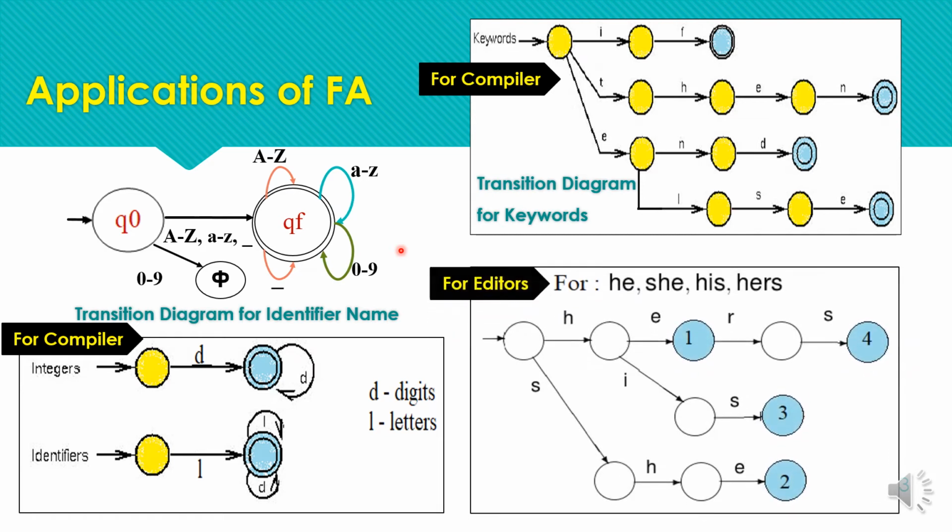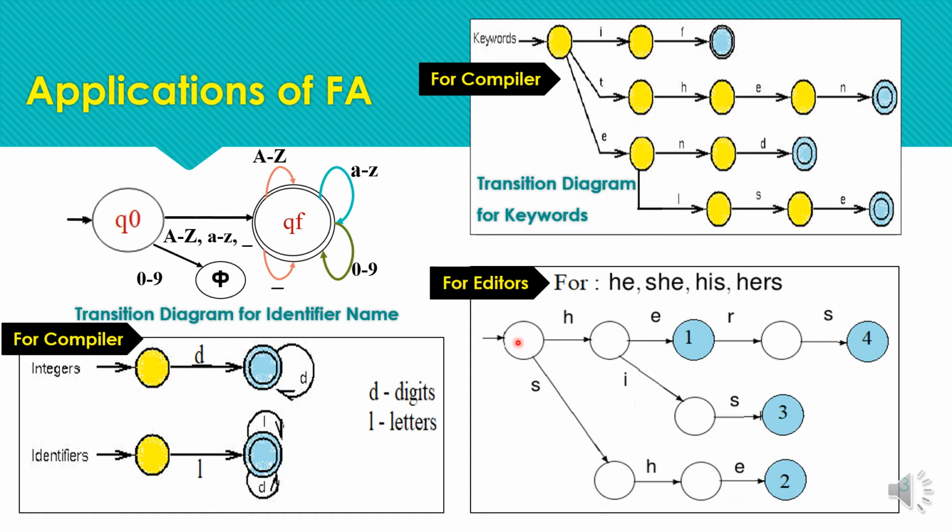Next, we have some applications for the text editors, like the identification of different words, and the spell checkers can show the errors if no corresponding path is identified for any of the words.